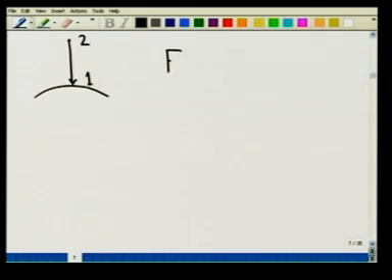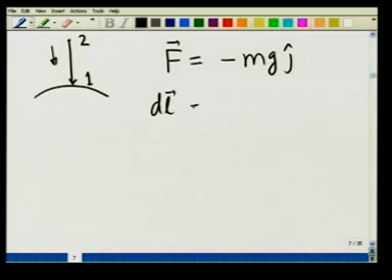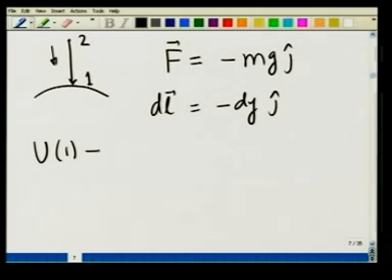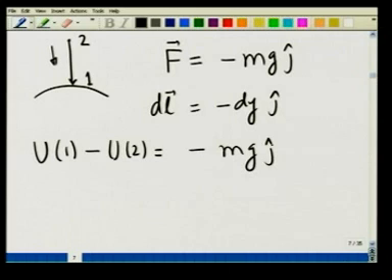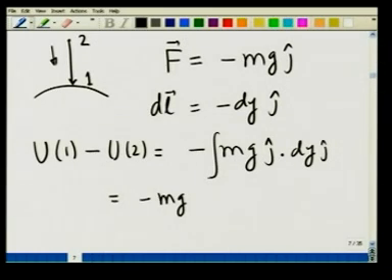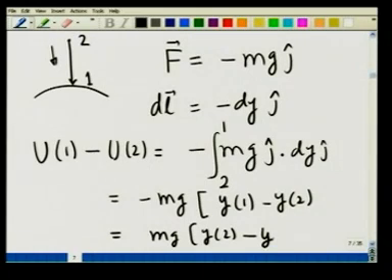In that case, again, force F is equal to minus mg j, and you're going to now say, since the body is moving this way, dl is going to be minus dy j, and therefore, since I'm moving from point 2 to 1, u1 minus u2 is equal to integral of minus F dot dl, and that's going to be minus mg j dot dy j integral, and I end up getting minus mg, this is moving from 2 to 1, and therefore I'm going to get y1 minus y2, which is equal to mg (y2 minus y1).